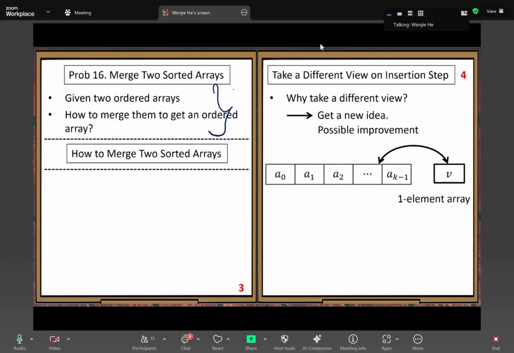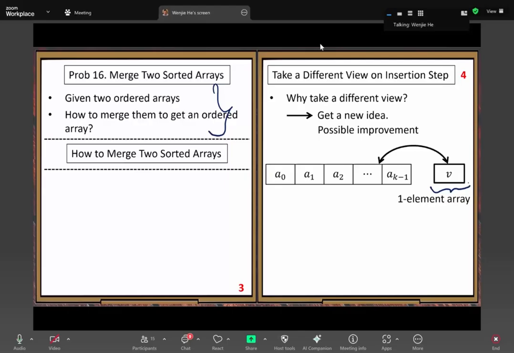So we can view the insertion case in this way: it's a special case of the merge case, because this subarray, we can treat it as a one-element ordered array. It is an ordered array, but a special ordered array. That's the insertion case.